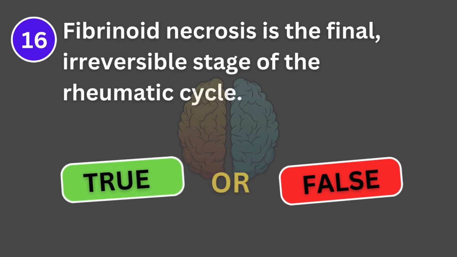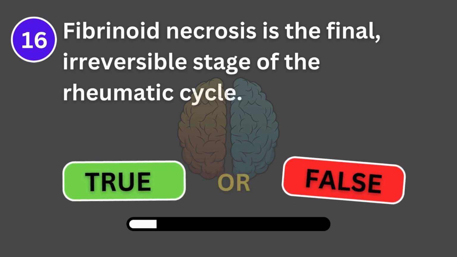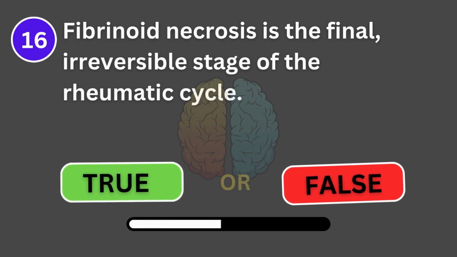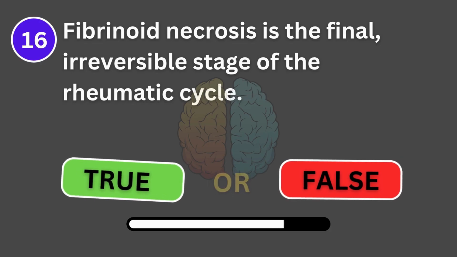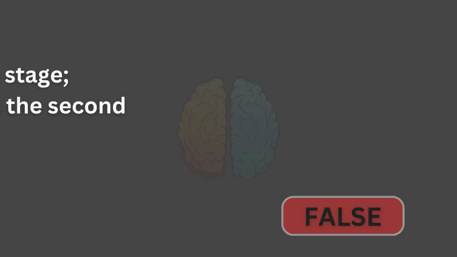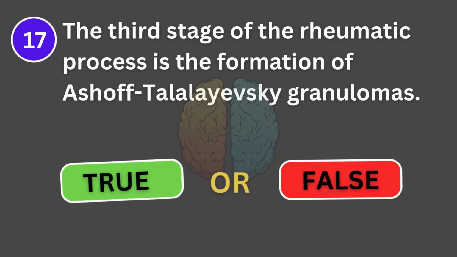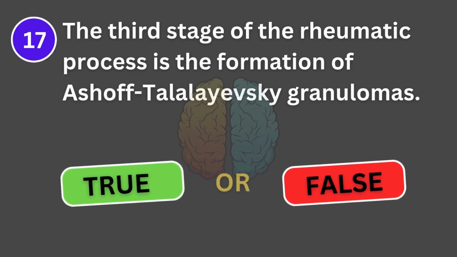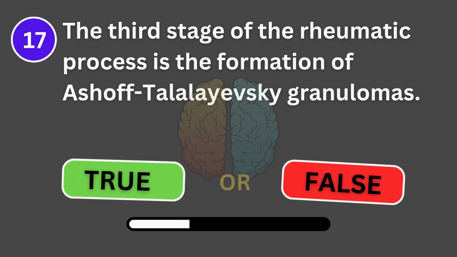Fibrinoid necrosis is the final, irreversible stage of the rheumatic cycle. The third stage of the rheumatic process is the formation of Aschoff-Talaleevsky granulomas.